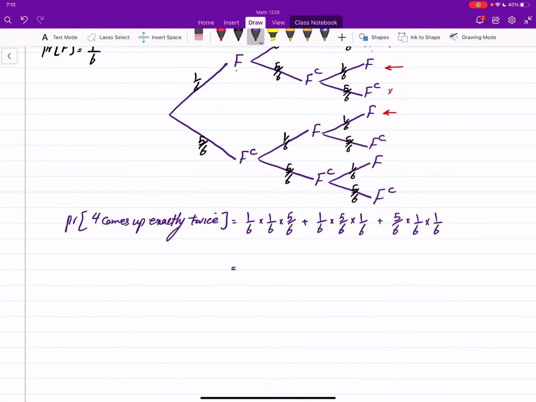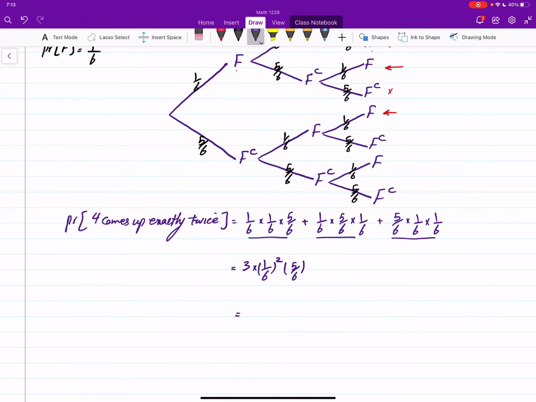Very nice. Since the experiments are independent, you see that for having exactly 2 4s, you always get the same probabilities on all these 3 paths. It's basically 1 over 6 times itself times 5 over 6. And there are 3 of these, so it will be 3 times these numbers.